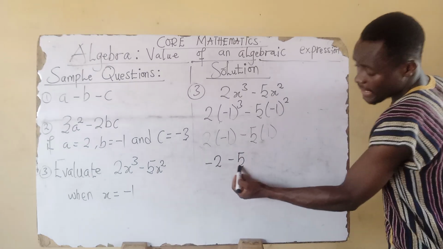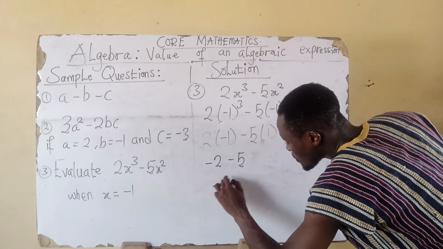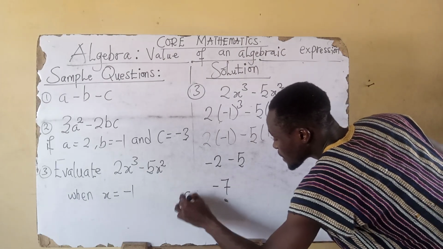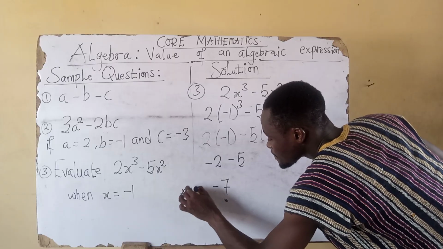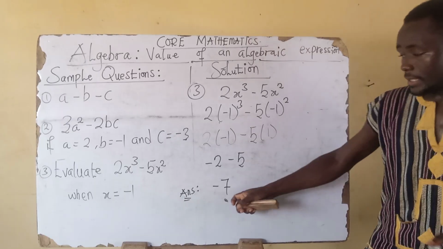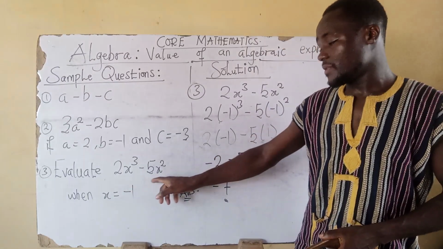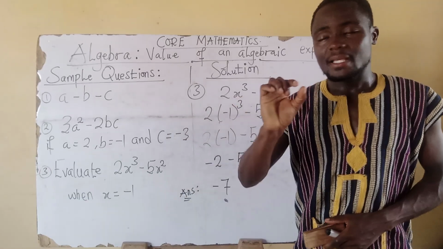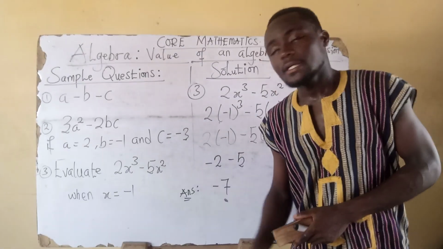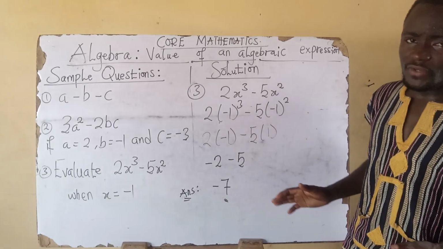So negative 2 minus 5 gives me negative 7. So this becomes our answer. So that means that the value for the expression 2x cubed minus 5x squared, where x is negative 1, becomes negative 7. I believe you are good with that.